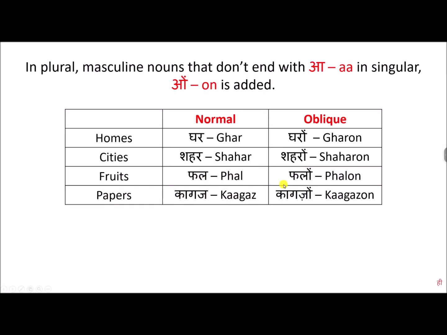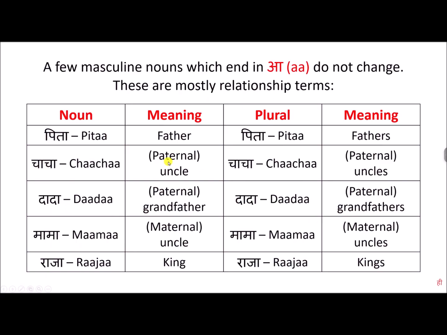Phal becomes phalon. Kagaz becomes kagazon. Okay. So these are the oblique forms of plurals.